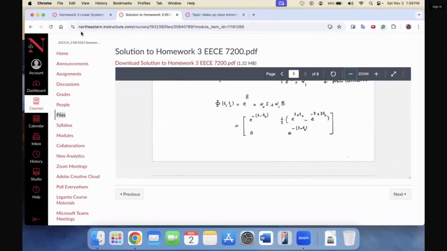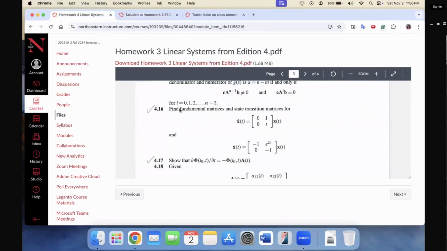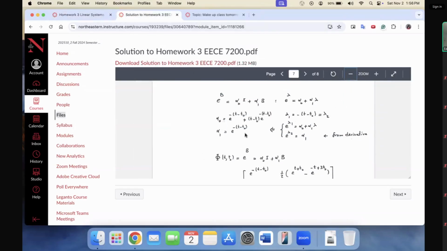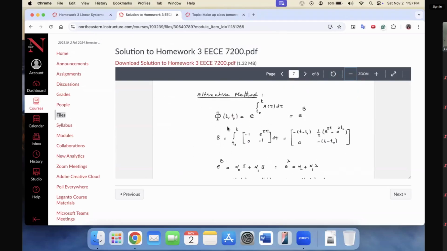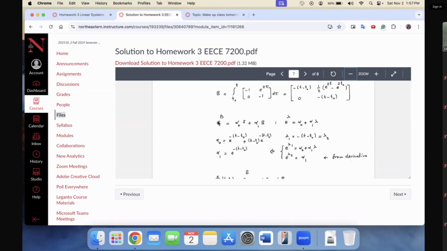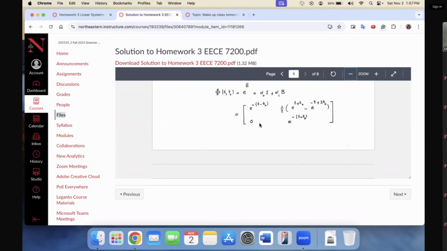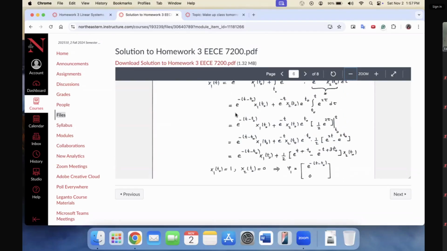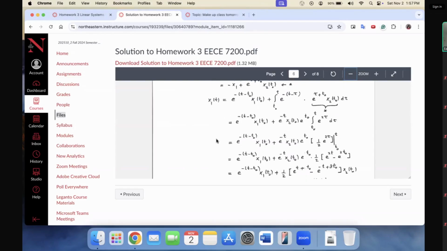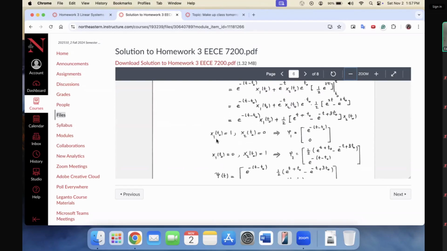Okay. So in this question, find the fundamental matrix and state transition matrix. In the solution you've provided, this is using Cayley-Hamilton, it's directly finding the state transition matrix, right? That's correct. If we want to find the fundamental matrix, we have to use the long method. If I give you a problem, this would be the most general solution.